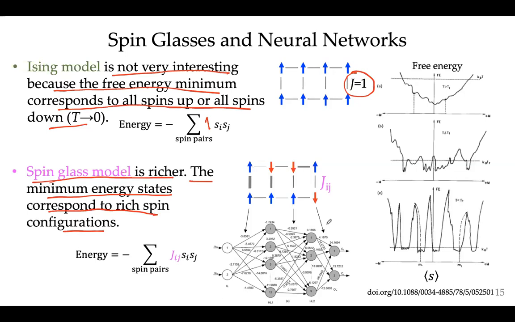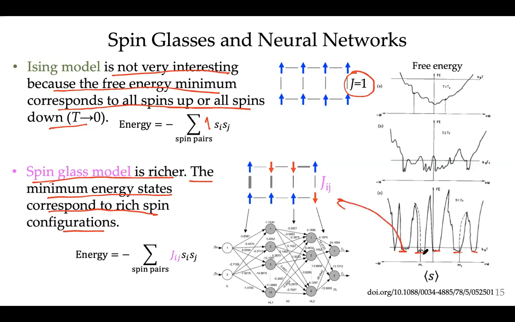And if you ask me, what is the free energy versus magnetization plot for spin glass models? This graph is for spin glasses. Remember, for the Ising model, there were just two minima, one here and one here. But in spin glass models, there are actually multiple minima. Each of these corresponds to different spin configurations. For example, this may be like this.